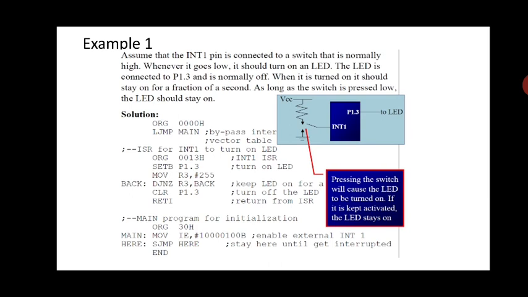Assume that INT1 is connected to a switch that is normally high. Whenever it goes low, it should turn on an LED. This is the statement of the program: whenever an interrupt occurs, the LED has to be on. The LED is connected to port P1.3 and is normally off.